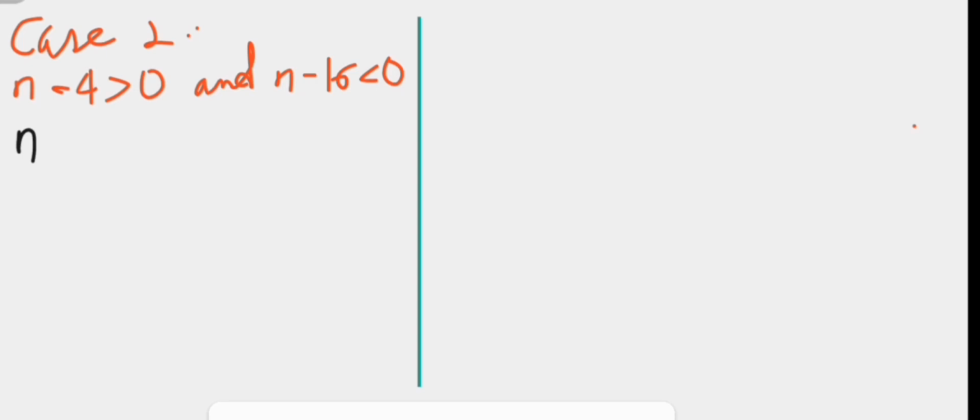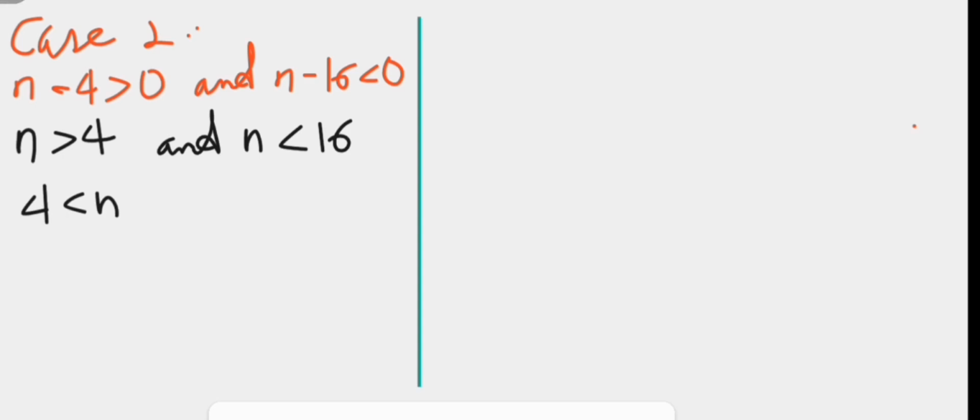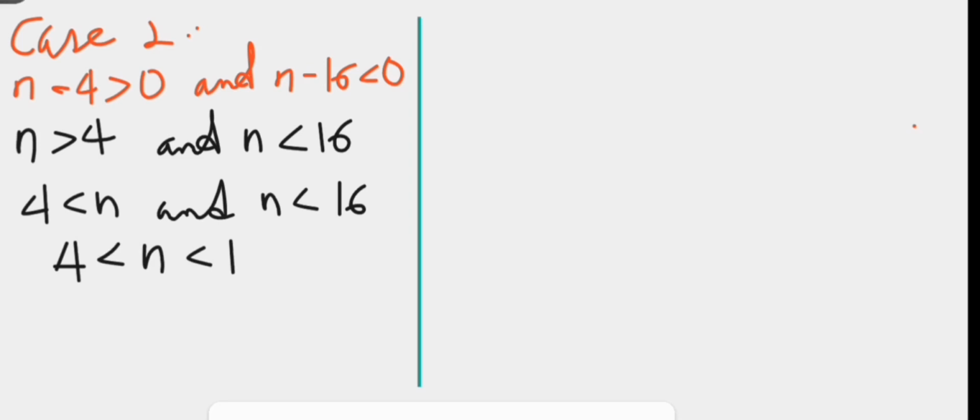In that case, n must be greater than 4 and n must be less than 16. This can be combined if we write 4 is less than n and n is less than 16, eventually combining as 4 less than n less than 16.